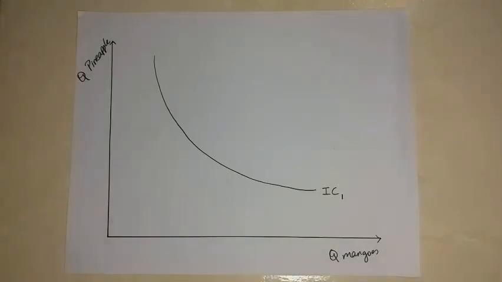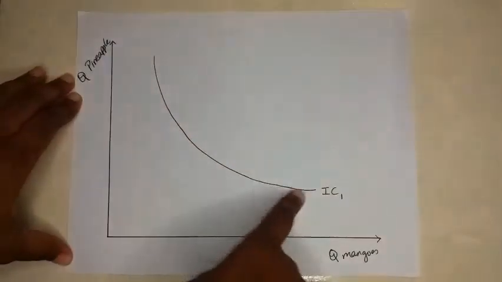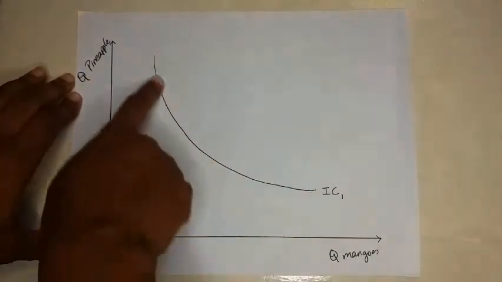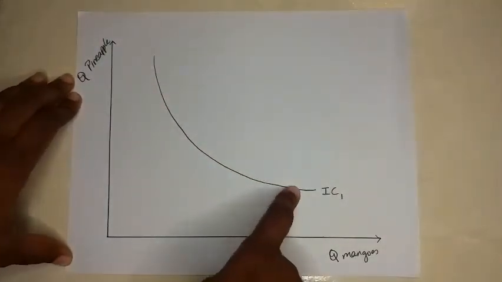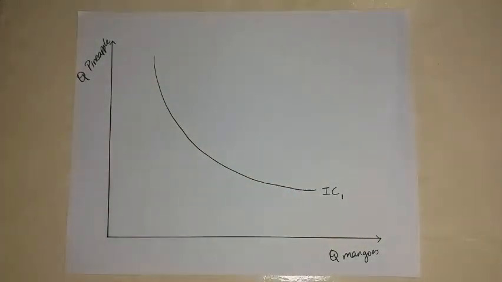Now, with an indifference curve, it's just as the name would suggest: you are indifferent as to which combination of goods along this one particular indifference curve you are at. You're indifferent in terms of the level of satisfaction that you would receive from consuming those combinations of goods.